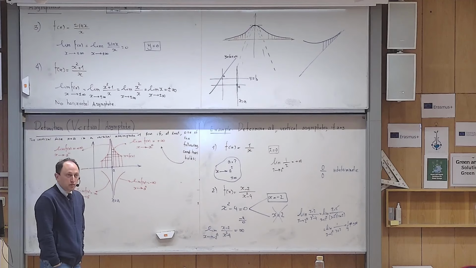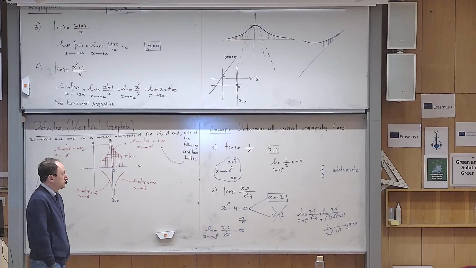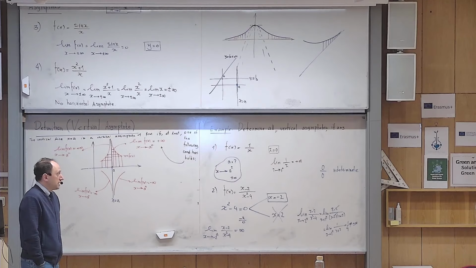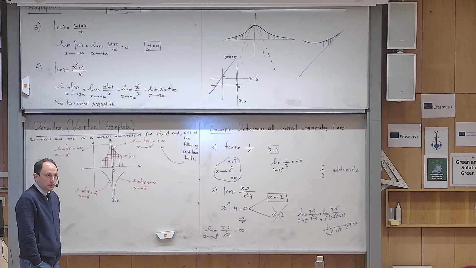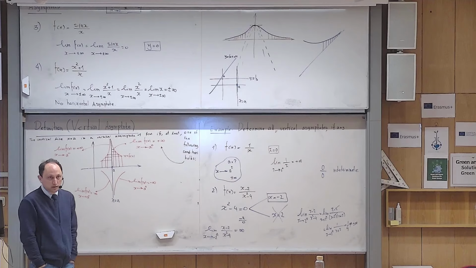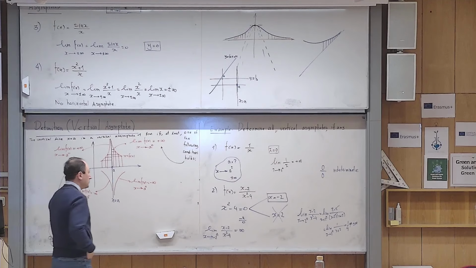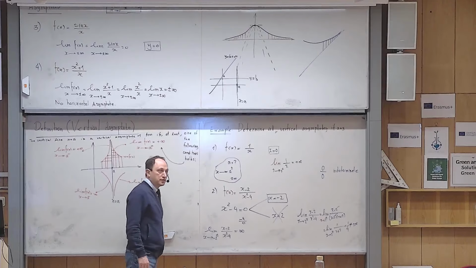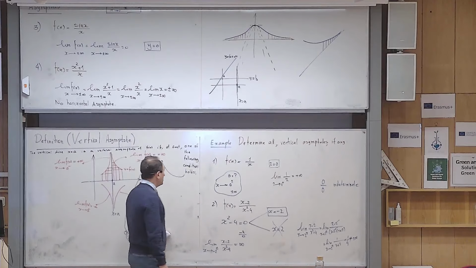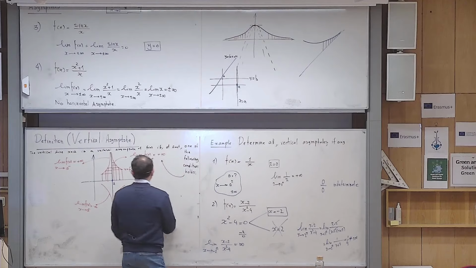I want to give you 2 more examples and then go to the last part. Do you think the fraction functions are the only functions with vertical asymptotes or not? Can you guess a function which is not a fraction function, but still has a vertical asymptote?